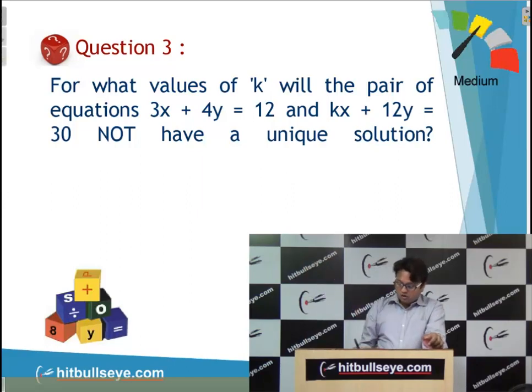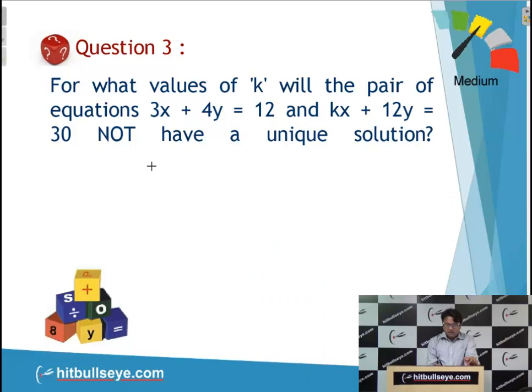Now let us solve. For these equations to have a unique solution, the condition is a1 by a2 should not be equal to b1 by b2. That means in the equation 3x plus 4y equals 12, a1 is 3 and a2 is k in kx plus 12y equals 30, so 3 by k should not be equal to 4 by 12.